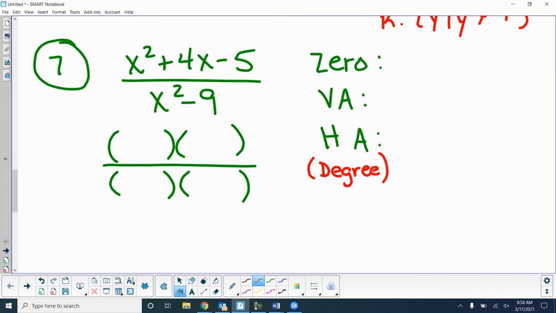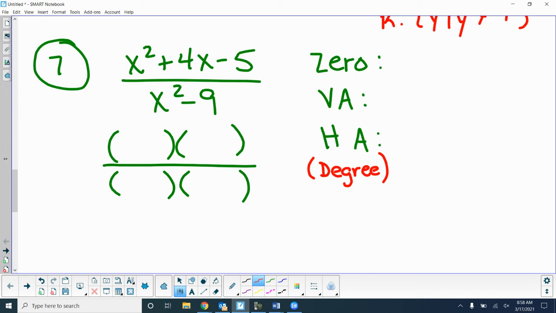Why is it yes? Because the degrees are equal, right? When the degrees are equal, there is one. When the degree of the top is bigger than the degree of the bottom, there isn't one. You listening? We went through this more than once. When the degree of the bottom is bigger than the degree of the top, there is one, and it's always what? 0, yeah.